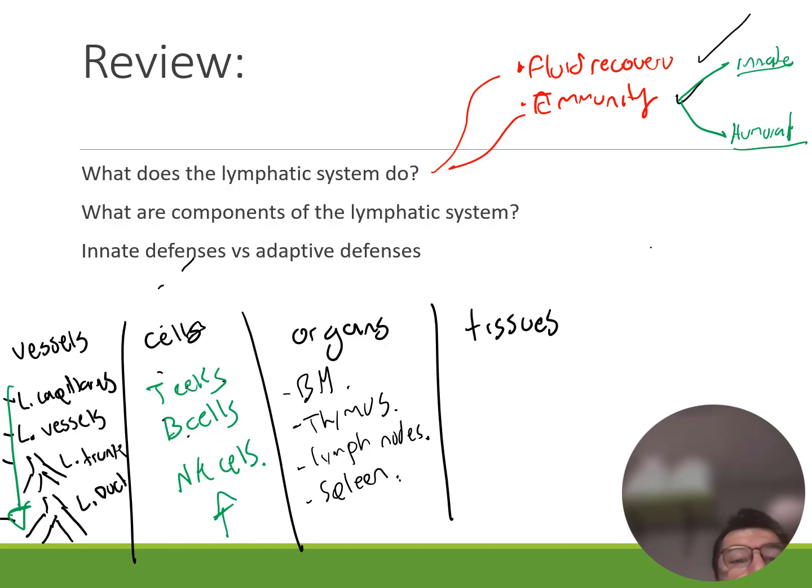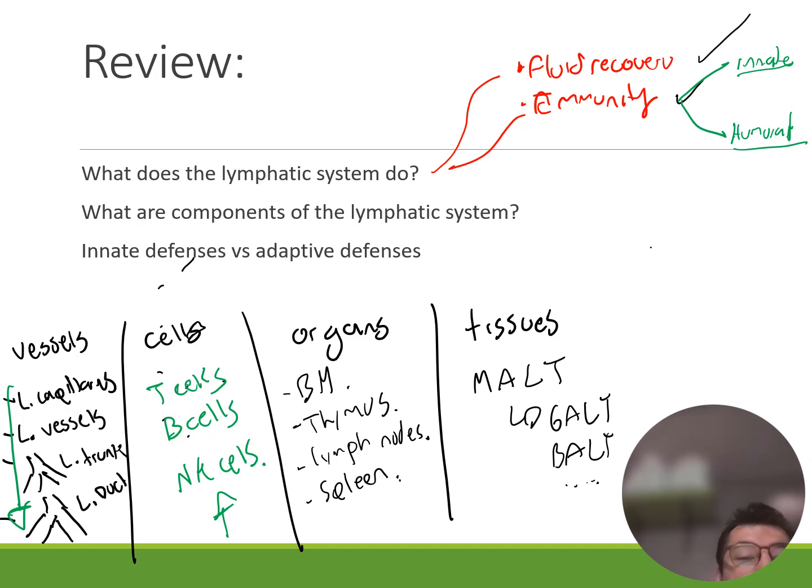And we have other tissues, and those are mucosal associated lymphatic tissues. There are different types, such as BALT, amongst others. But they are referring to diffuse tissues.